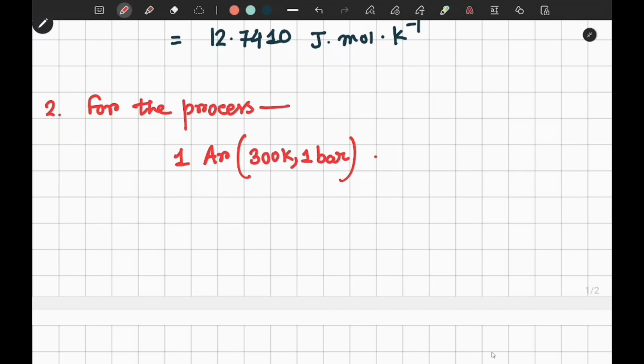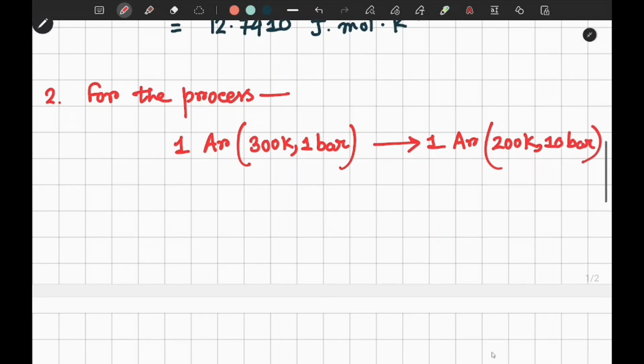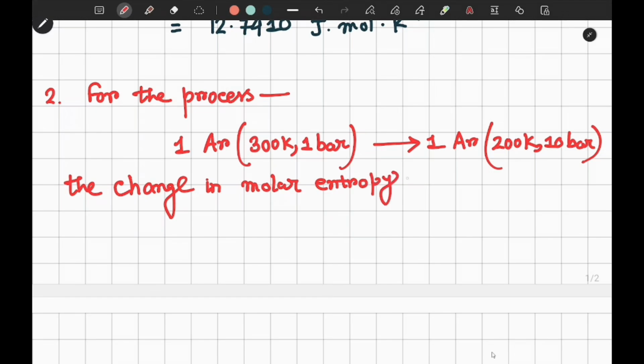Now here you can see both temperature and pressure are changing. Now for this change, considering the ideal gas behavior, we have to calculate the change in molar entropy.